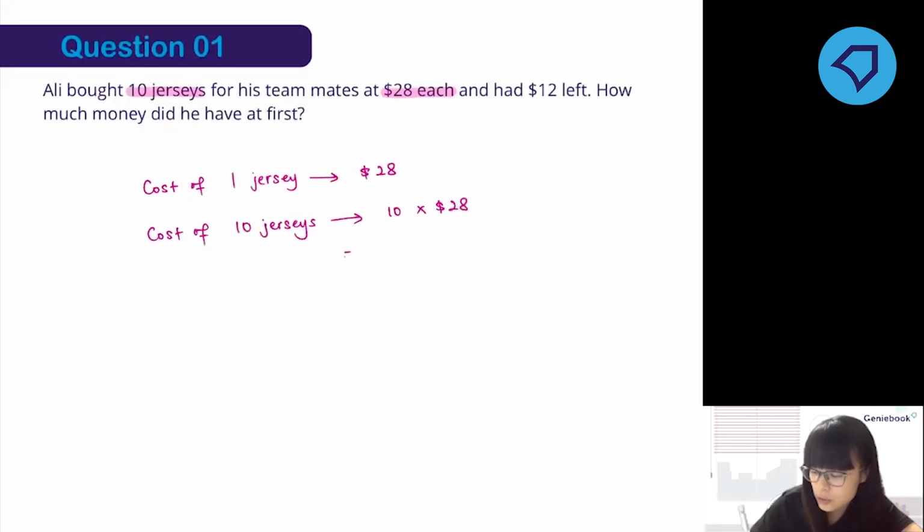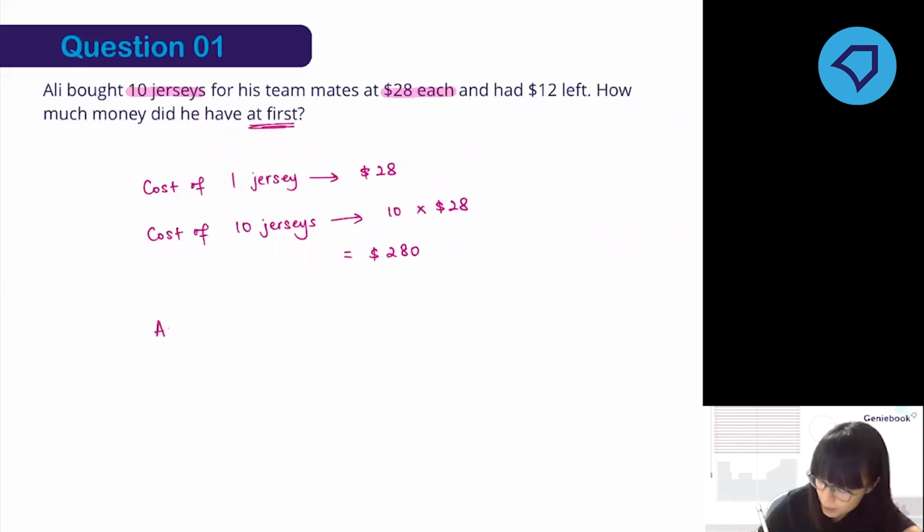This one you do not need to do your column multiplication, right? 10 times 28, you guys should be easy. You just add the 0 at the back and it will give you $280, isn't it? Okay, but this is not the final answer because after I paid $280, I still have $12 left. So how much money did he have at first?